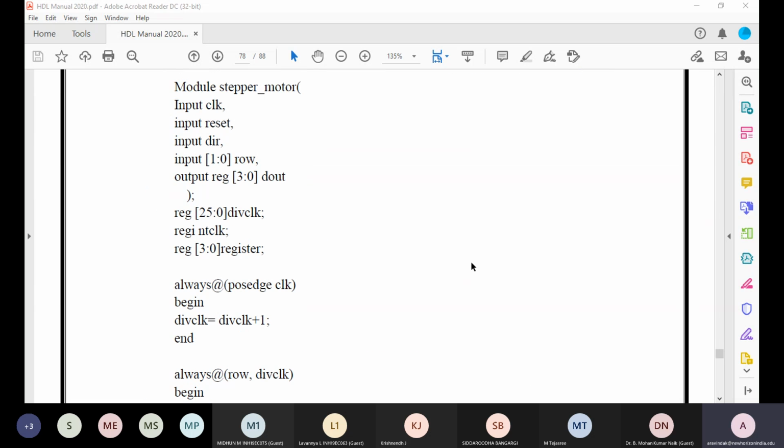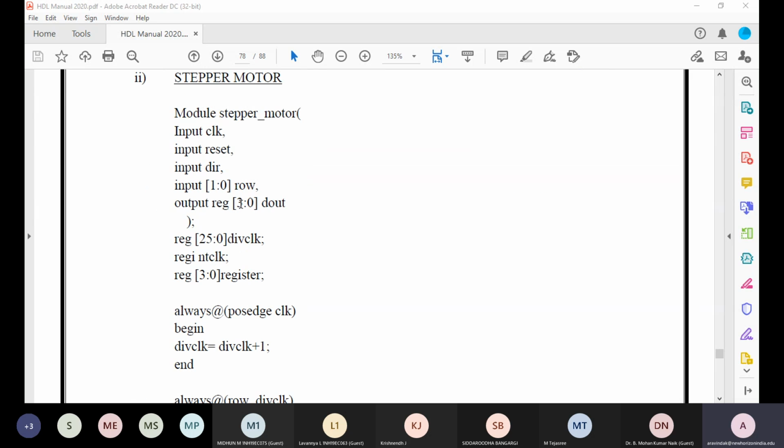In the same way, here also we have output register 26:0 div clock, then register int clock. Then another register called register itself, which is 4 bits.